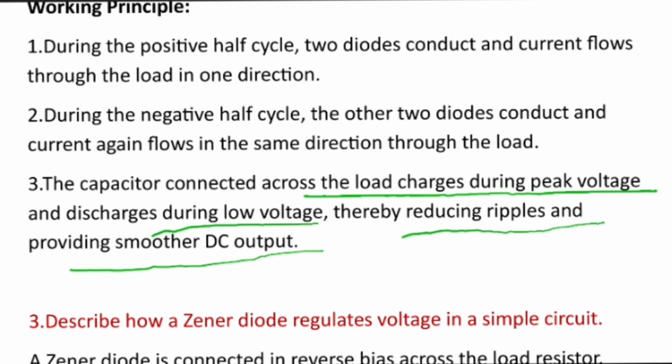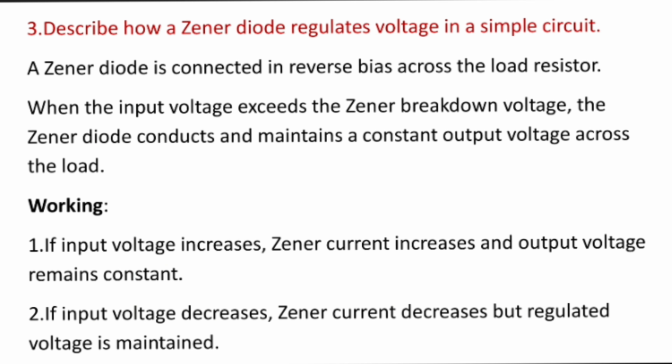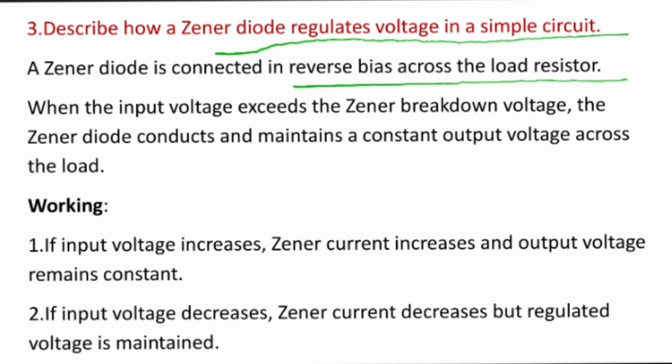Next, describe how a Zener diode regulates the voltage in a simple circuit. The Zener diode is connected in reverse bias across the load resistor. When the input voltage exceeds the Zener breakdown voltage, the Zener diode conducts and maintains a constant output voltage across the load.